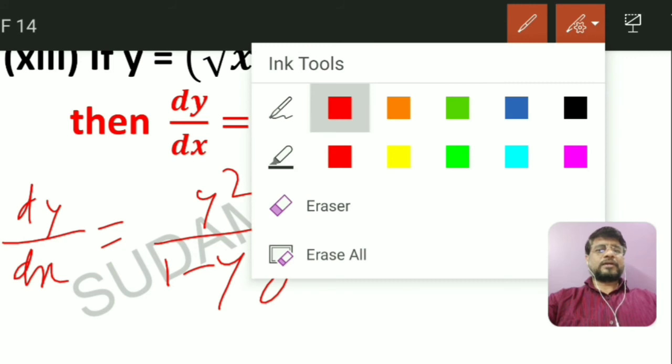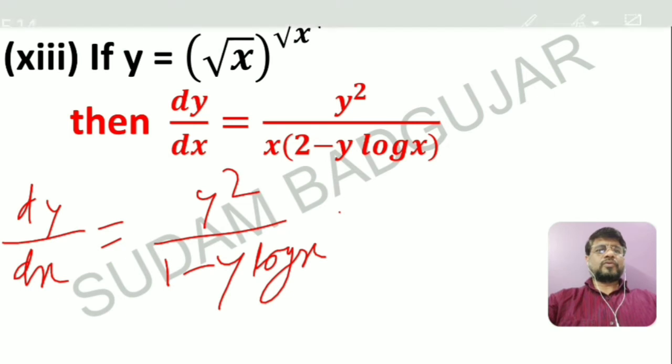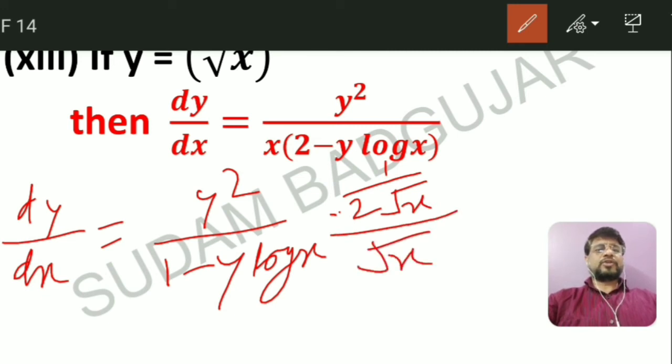See, I will show you that, into derivative of root x, that is 1 upon 2 root x divided by root x. This root x does not cancel. Sorry, here what is f of x? Under root this one. Then it becomes y square upon 1 minus y into what is the root x?